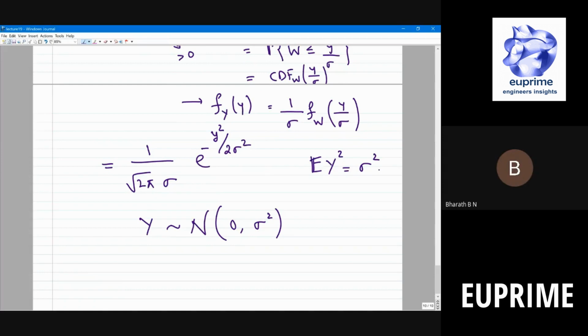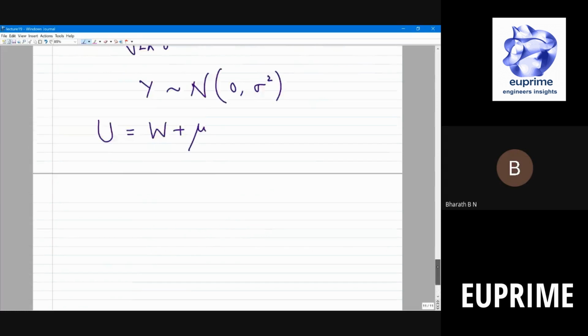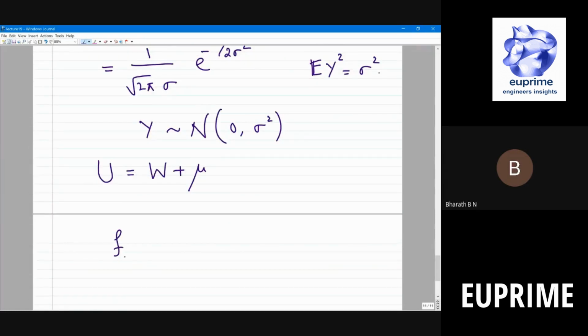Now, if I shift it, for example, if you take u and shift w by mu, what do you get? It turns out f_U of u will be, let's assume that y is Gaussian, 0 mean, variance sigma squared.